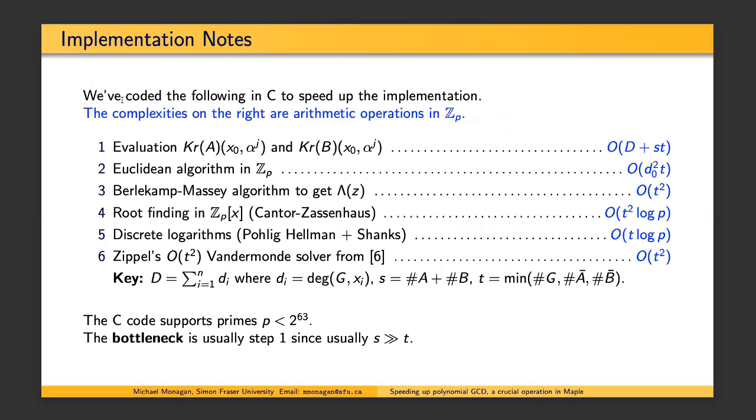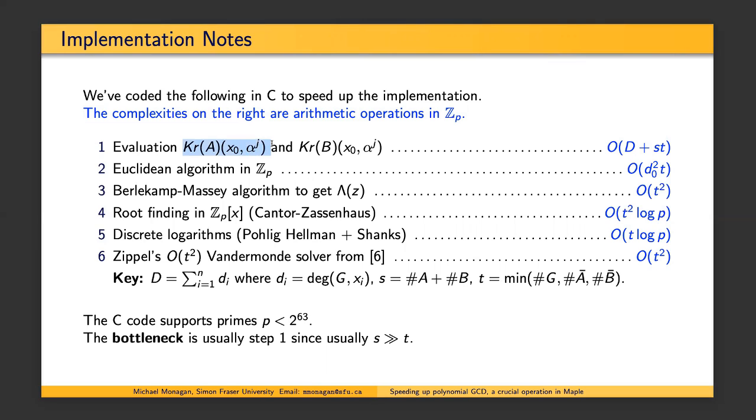I have some further notes about the implementation. As I mentioned in the introduction, the implementation is in Maple with some subroutines coded in C to speed up the implementation. So these are the parts of the code that we've implemented in C, and in this table, the complexities of my implementation are shown on the right.